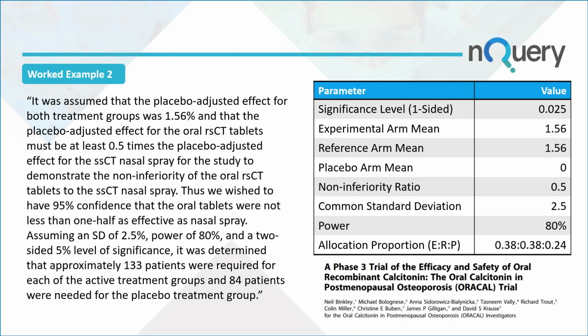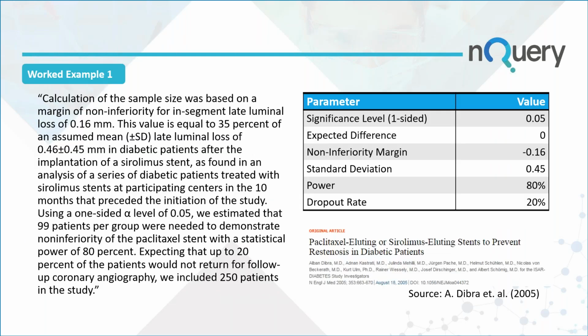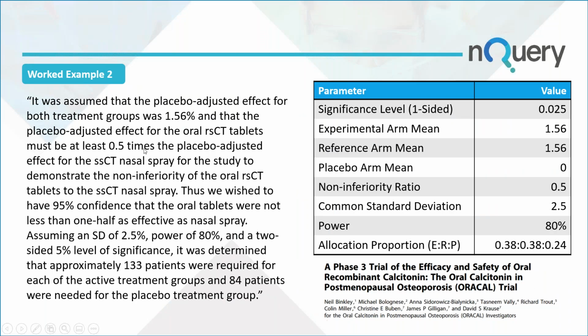In this case, this reduces or increases something that we objectively want to reduce or increase. We don't want to have luminal loss. We don't want to have a worse situation here on the effect on osteoporosis.